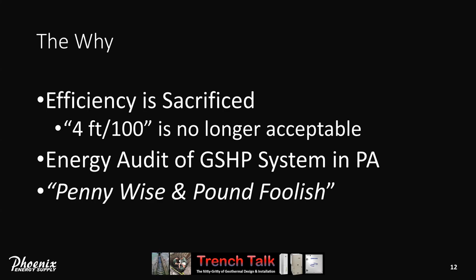Tens of thousands, hundreds of thousands, $1-million loop fields are being compromised by how we go about sizing pipe in a system. And we need to focus on keeping pressure drop low and not penalizing the system for the life of the system.